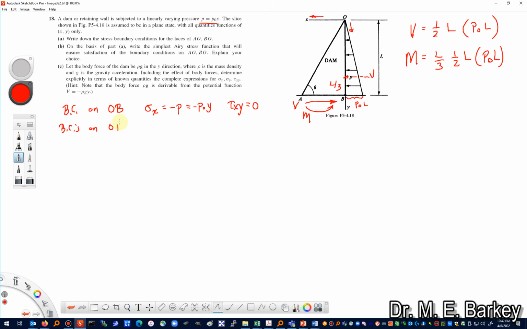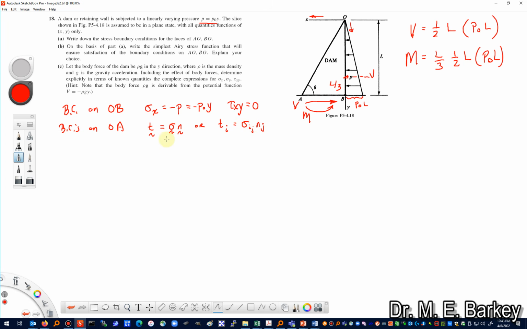Now let's take a look at the boundary conditions on OA. In general, when we talk about boundary conditions for stresses, we're talking about tractions. We remember our traction condition: t is equal to sigma n, or if we want to use subscripts, t sub i is equal to sigma ij n j.